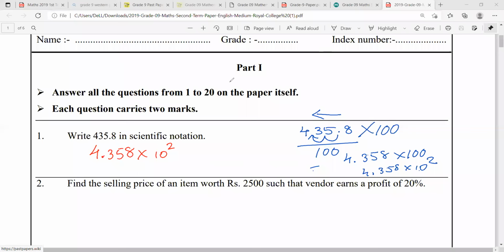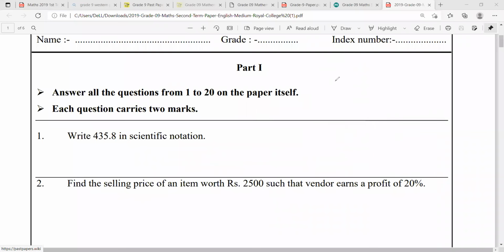So let's try this way. Here, 4.35.8. You have to take this decimal point 2 places, and then you can write 4.358.